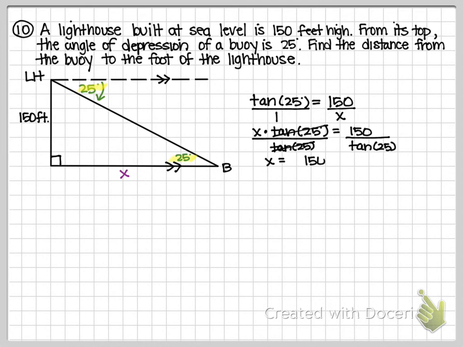So this is going to give us 150 divided by tan 25. And we're going to go ahead and type that in and see what we get. So it looks like x, or the distance the buoy is from the base of the lighthouse, is going to be approximately 321.6760. And let's see, feet. So that's our answer to this question.